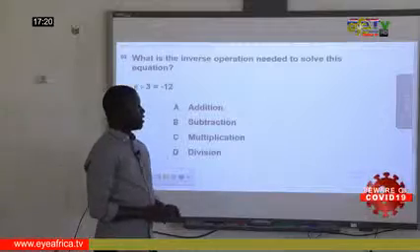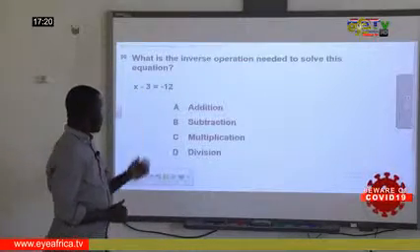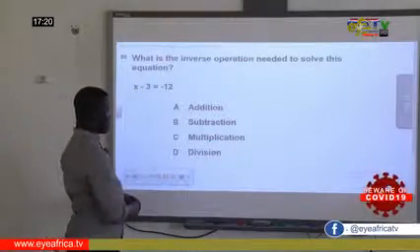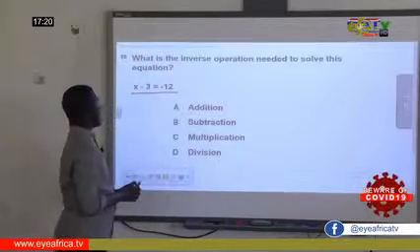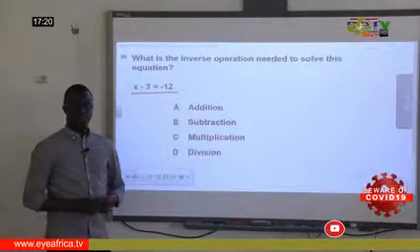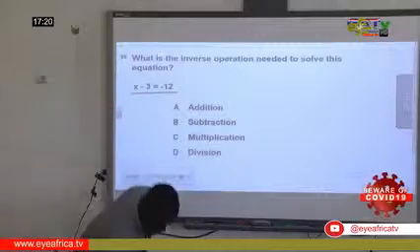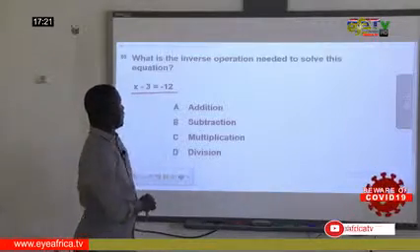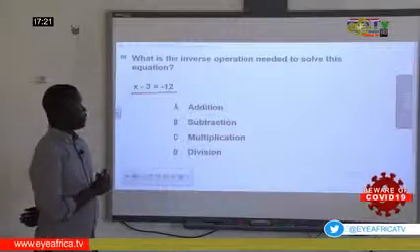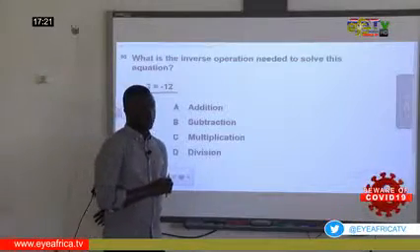What is the inverse operation needed to solve this equation? There's another equation here. x minus 3 equals negative 12. First, we have to know the operations involved.